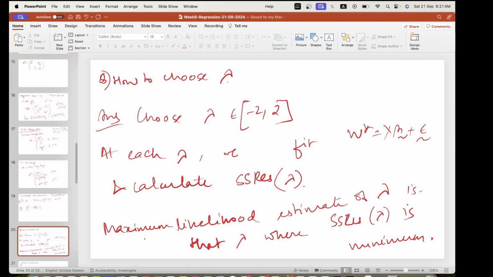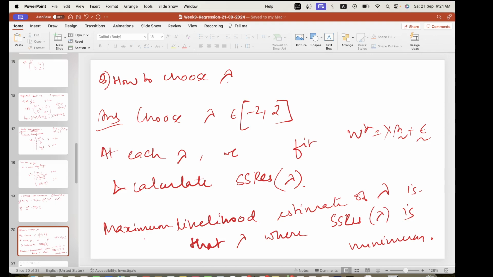Okay, and also we found that there exists another class of transformation, which is the Box-Cox transformation.